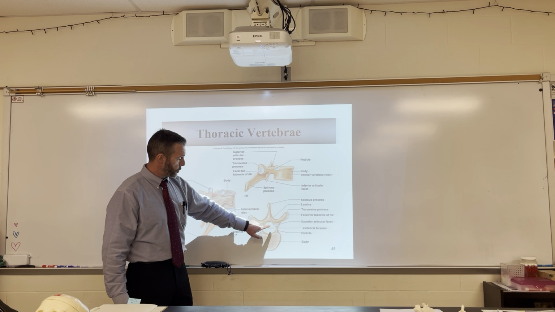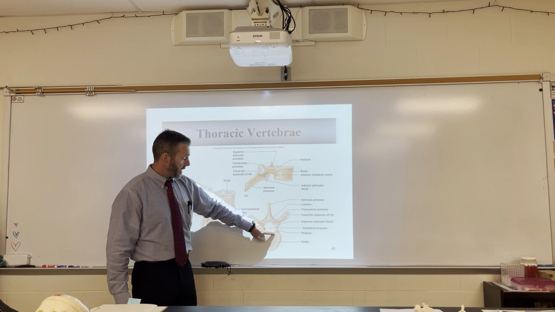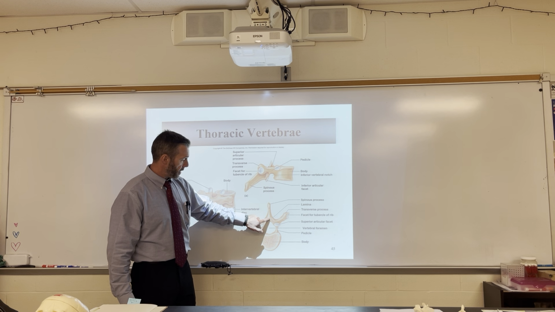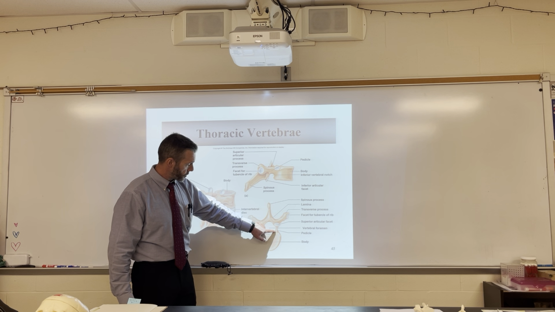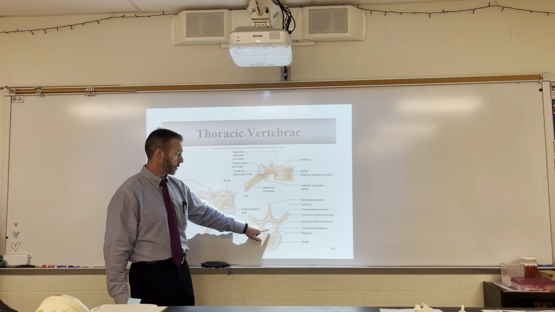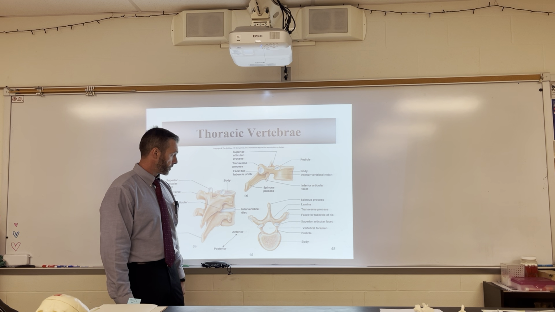Then we also have the superior articular process on both sides. The posterior body, the pedicles, and the lamina come together. And then off of the lamina, we have the spinous process. These structures create this opening called the vertebral foramen for the spinal cord to pass through. This is just like what we had in the lumbar spine.